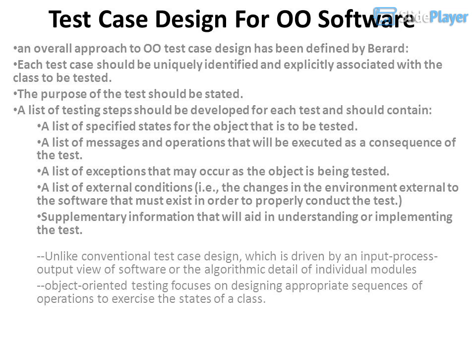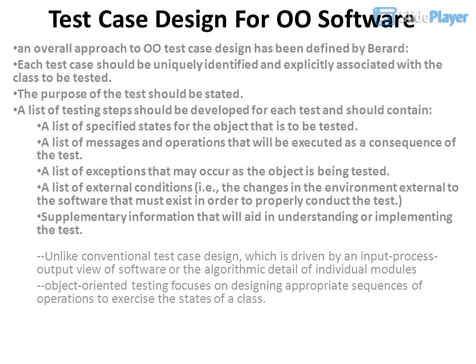A list of testing steps should be developed for each test and should contain a list of specified states for the object that is to be tested, a list of messages and operations that will be executed as a consequence of the test, a list of exceptions that may occur as the object is being tested, a list of external conditions, i.e., the changes in the environment external to the software that must exist in order to properly conduct the test, and supplementary information that will aid in understanding or implementing the test.